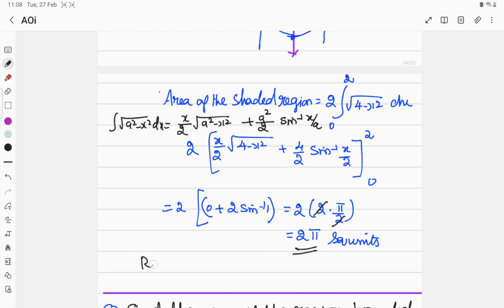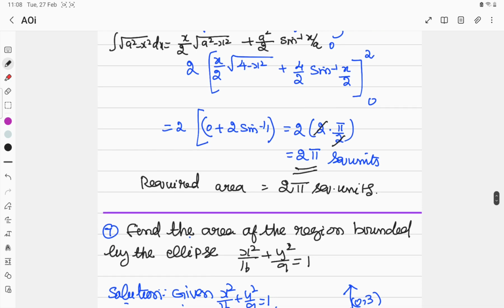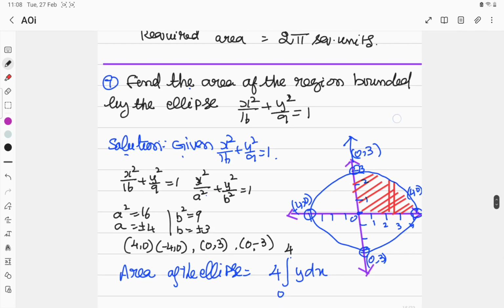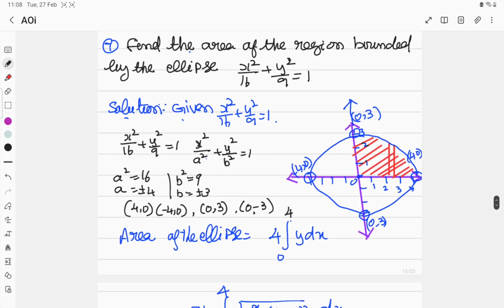Therefore the required area is 2π square units. Next question.